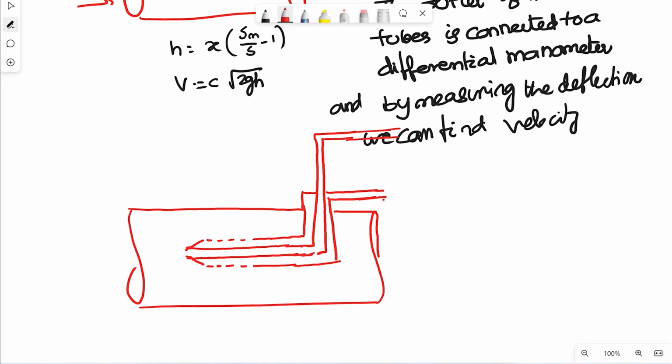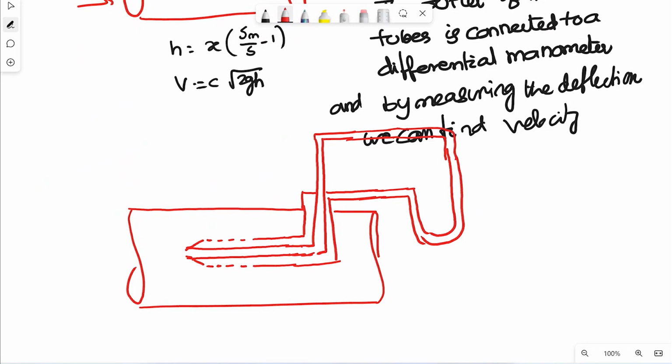Okay, so now I will connect it. This is one, two. So now these are connected. Right, now we have connected.